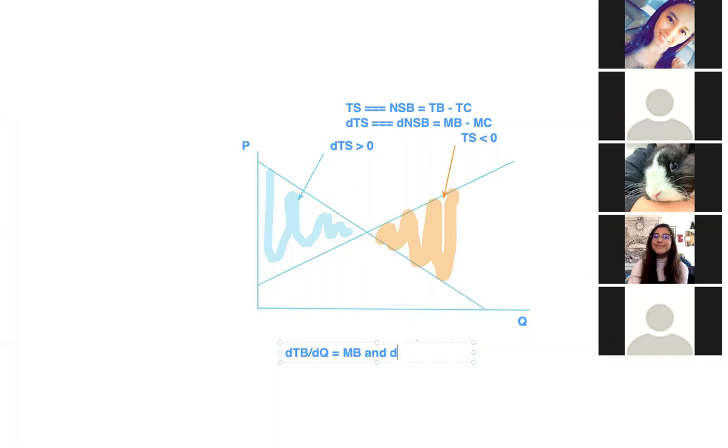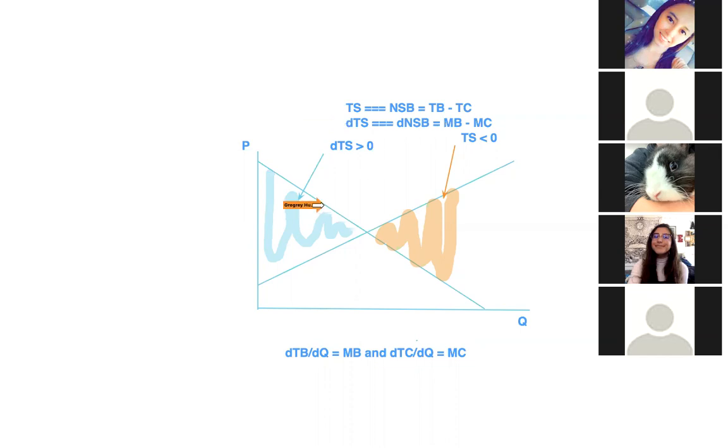And the change in total cost, as we change the quantity, is equal to marginal cost. Those are definitions. I could use triple equal signs down here. Hannah, do you get what I mean here? Yeah.